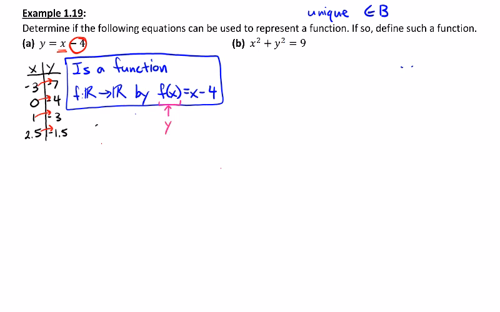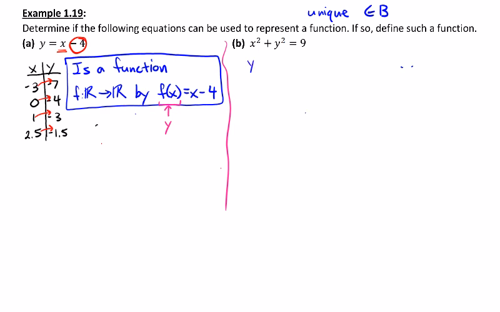So let's do the same thing here with part b. With part b, I have x squared plus y squared is equal to 9. Now this equation is not quite as user-friendly at the moment for making a table. So what I would like to do is solve this for y, then I can think about making a table of values. So my first thing is to subtract x squared from both sides.